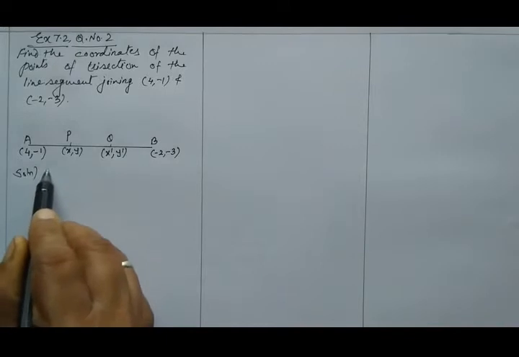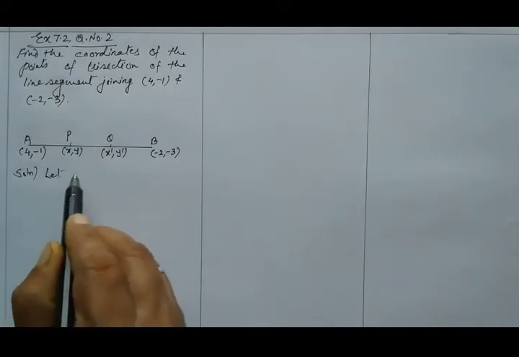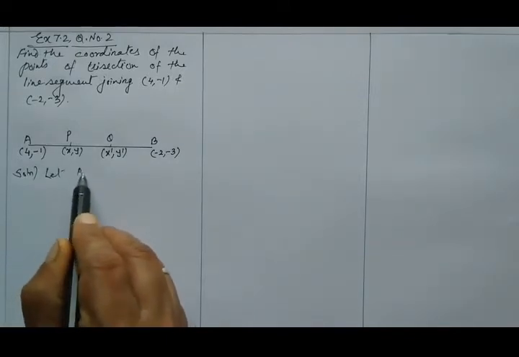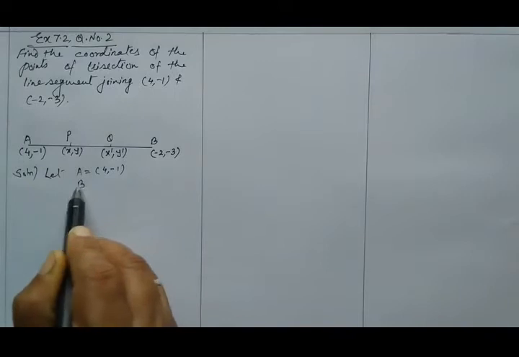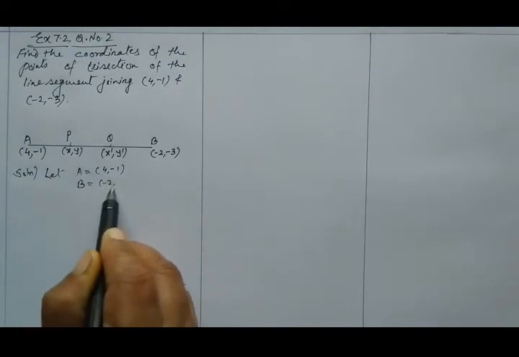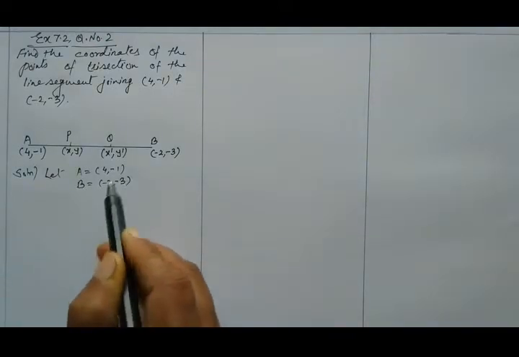Solution, let A be 4 comma minus 1, B be minus 2 comma minus 3.